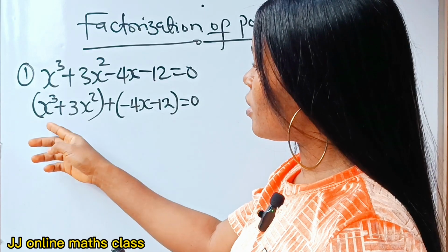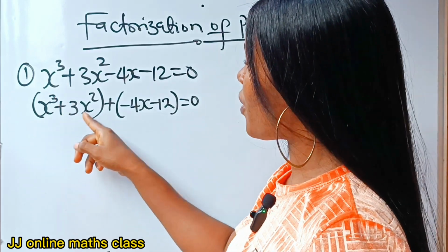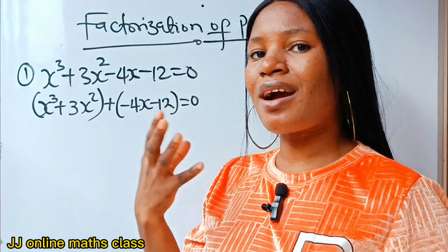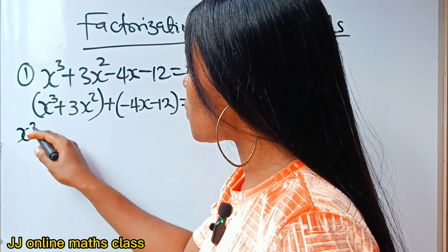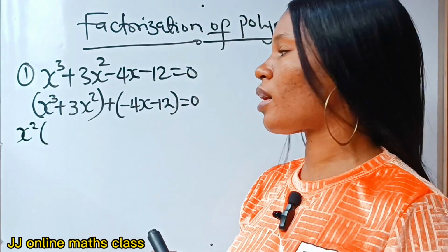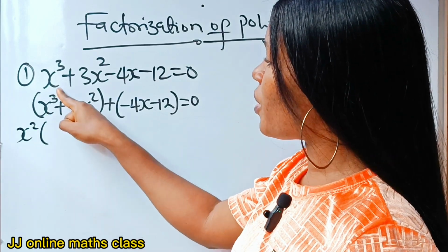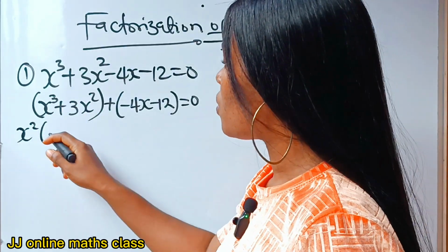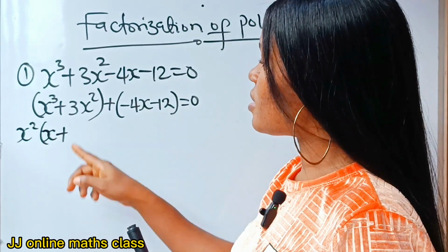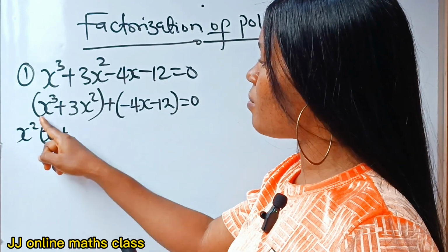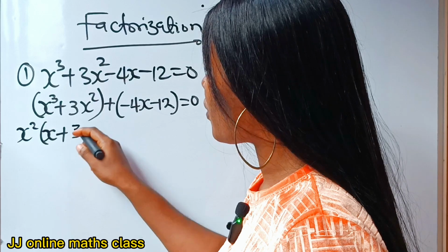Now, the common term that x cubed plus 3x squared have in common is x squared. So if we bring x squared out and open this bracket, x to the power of 3 divided by x squared will give us x, plus 3x squared divided by x squared will give us 3.